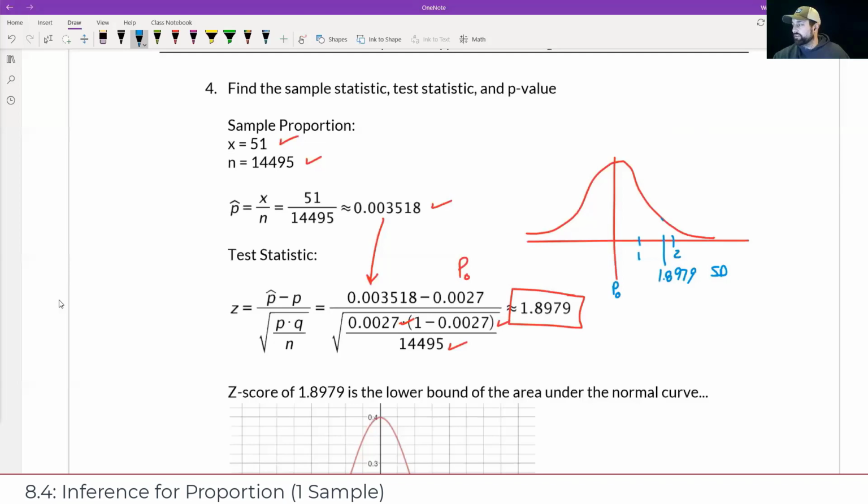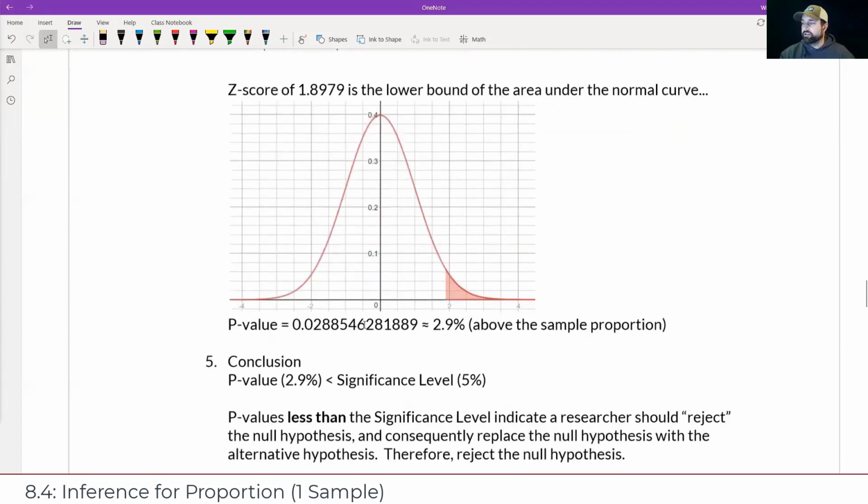And so this is the line, this is our target, and we believe it's greater than this target. So we want to find the area above this target because we believe it's greater than. And so 2 standard deviations is usually considered an outlier. So this should have some area underneath it. It's not going to be a really small number. And so if we graph this out, it actually looks like this.